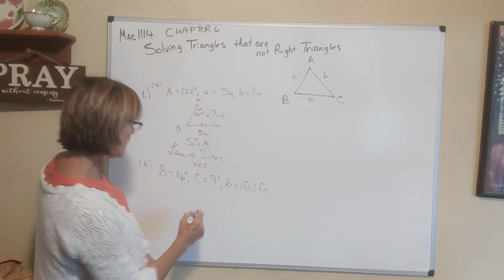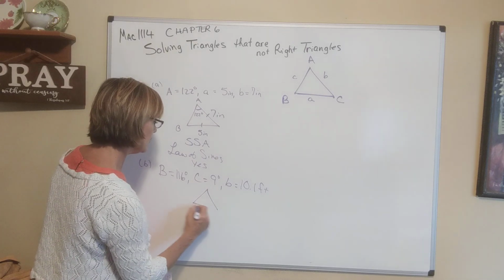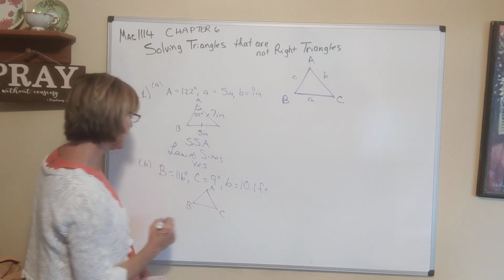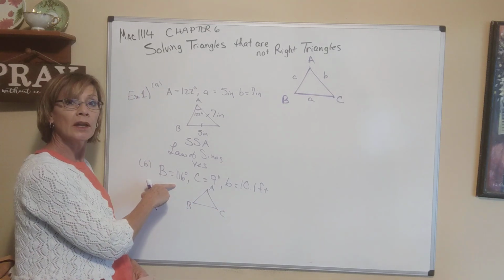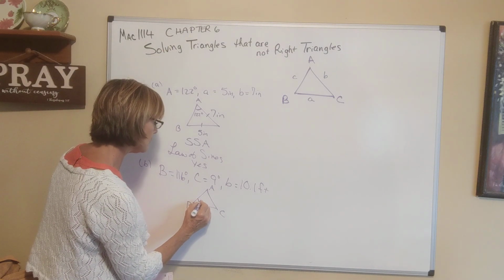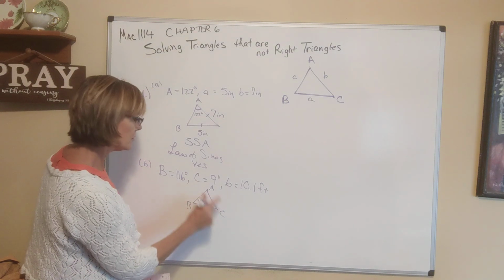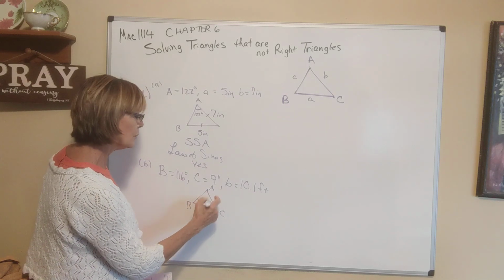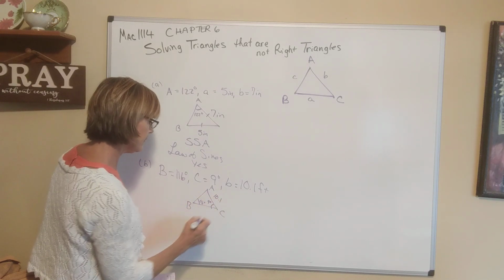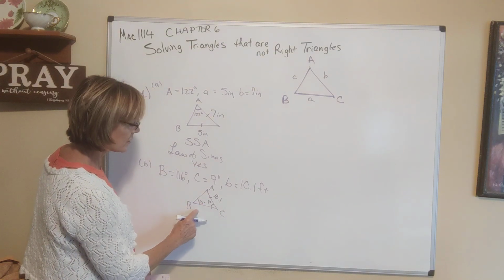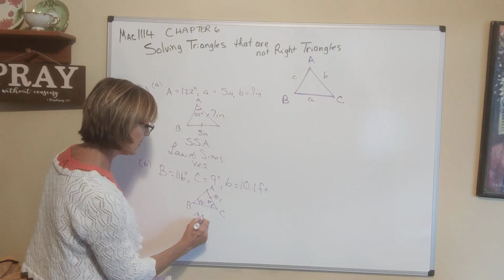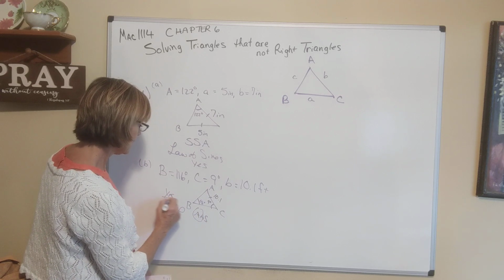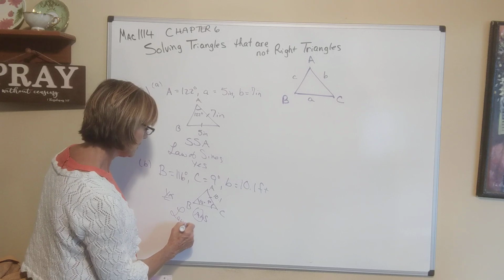All right, so here's our generic triangle, A, B, C. They said angle B was 116 degrees, angle C is 9 degrees, and that little b is 10.1 feet. They gave me 2 angles and a side. 2 angles are given. Yes, I can use law of sines here.